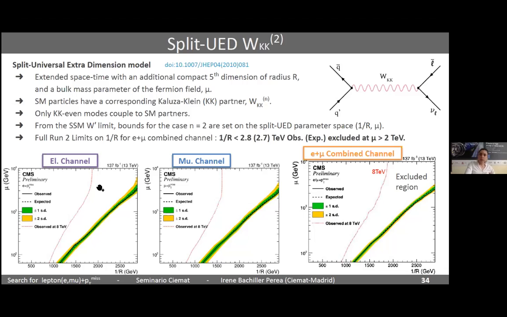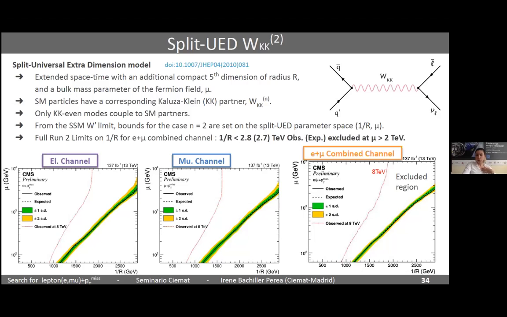In this case, we set limits on the plane of the bulk mass mu versus the inverse radius of the extra dimensions, 1 over R. This limit is for each channel here split and the combination on the right, and it excludes for a mu greater than 2 TeV.